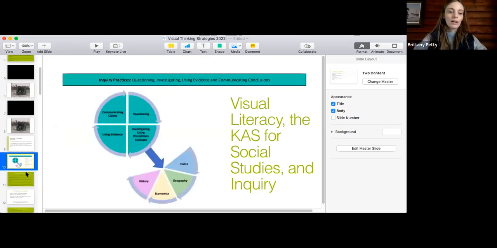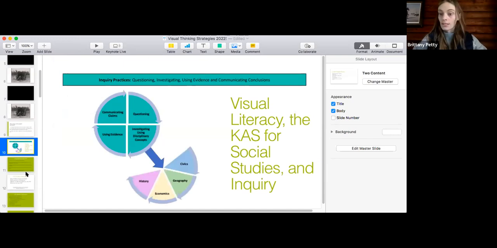So how it factors into our state standards is it's really great for inquiry, because when you ask a student what is going on in this image, it begins their questioning and their investigating. And then usually, students will say certain things, and it's like, what do you see that makes you say that?